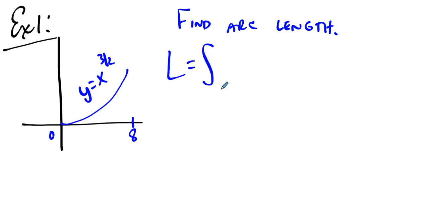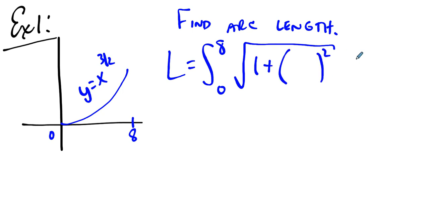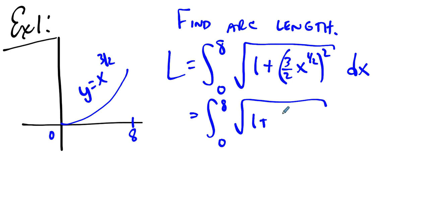Arc length is the integral from a to b of the square root of 1 plus derivative squared dx. What's the derivative? The derivative is 3 halves x to the 1 half. And that means that this is the integral from 0 to 8 of the square root of 1 plus 9/4 x dx.